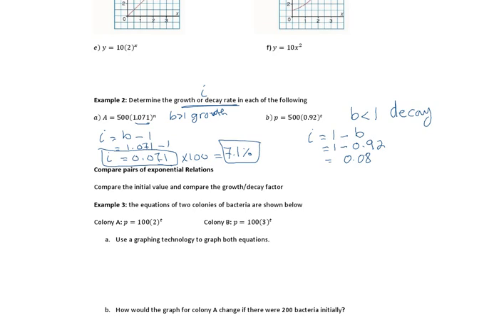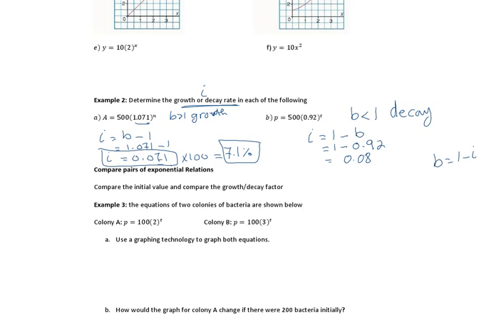So the decay rate is 8%. To find b, it's 1 minus I. To find I, it's 1 minus b. So you have two formulas that you don't need to remember. To find I, you take 1 minus the small one, or you take the big one minus 1.